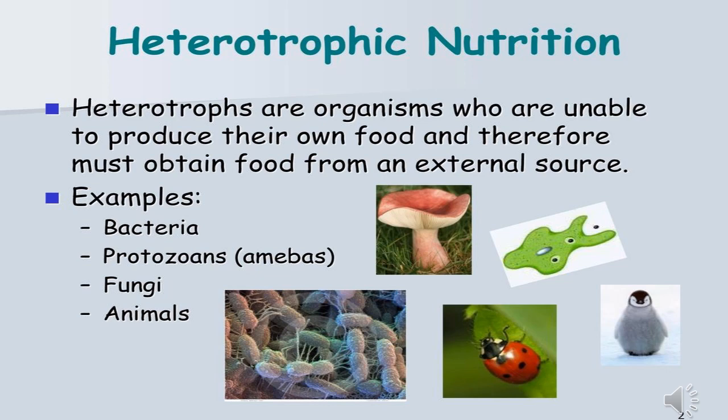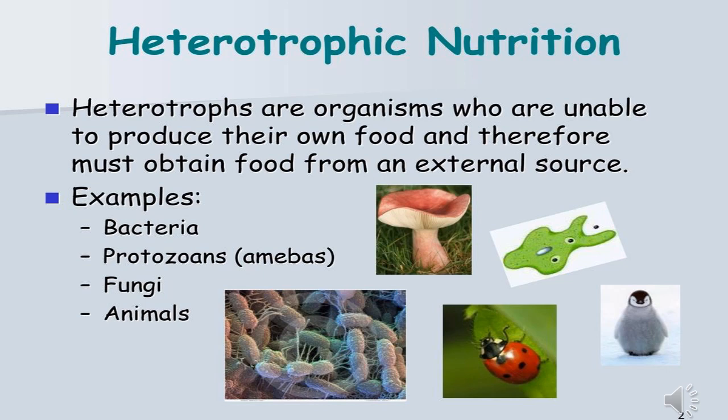So the first thing we have to discuss is whether this heterotrophic nutrition is only for plants. Not at all. This heterotrophic nutrition is also seen in animals. So first of all, let us see what heterotrophs are. Heterotrophs are organisms which are unable to produce their own food and therefore must obtain food from external sources.